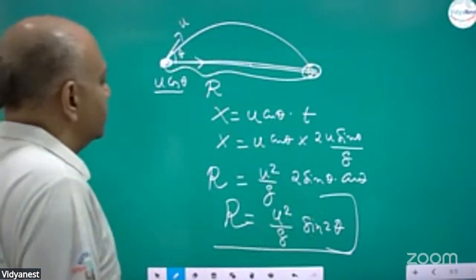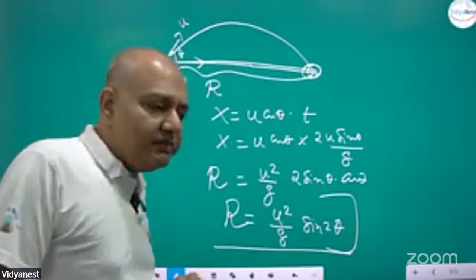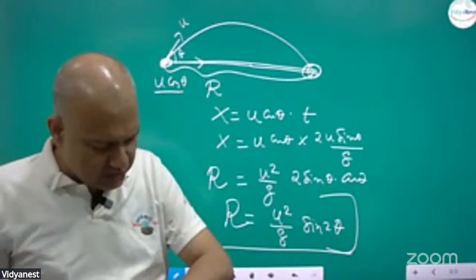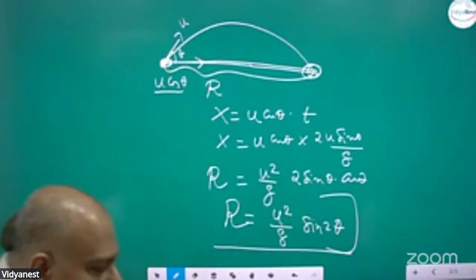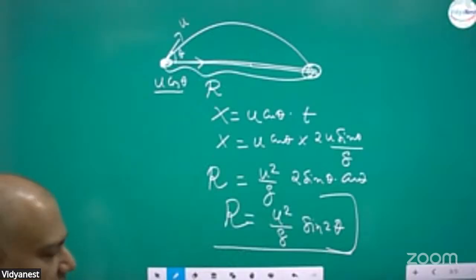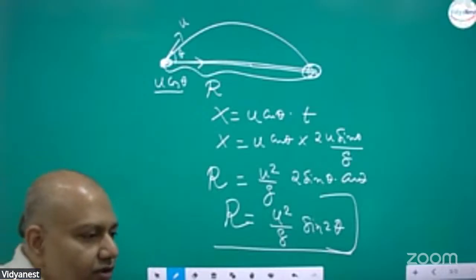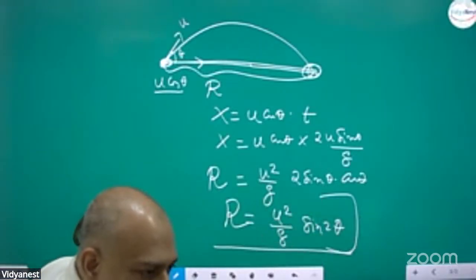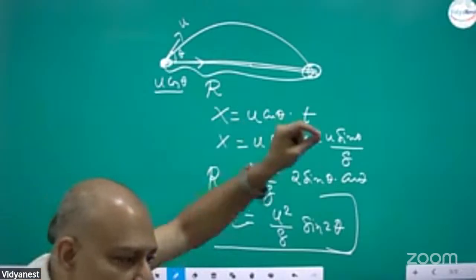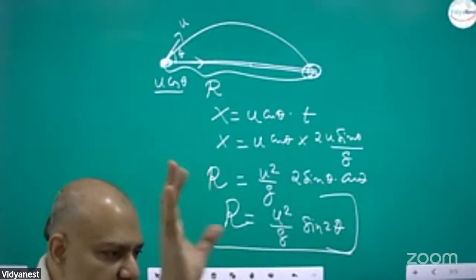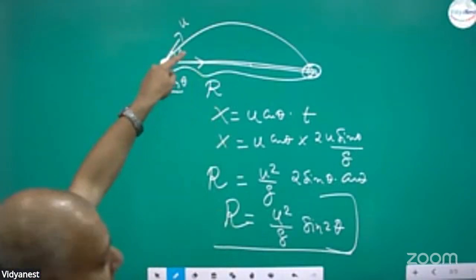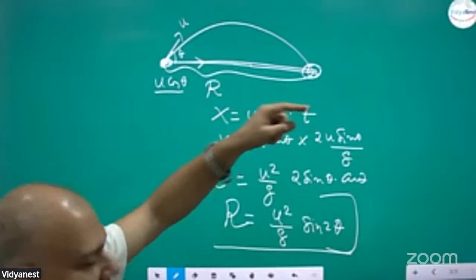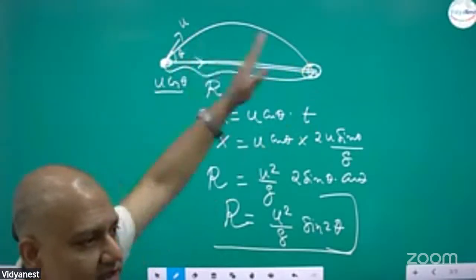Now, Saurabh, can you tell me, if I assume that the velocity u with which we are projecting is fixed, and the acceleration due to gravity is fixed, not changing, what should be the angle with which if I throw, I will get the maximum horizontal range?